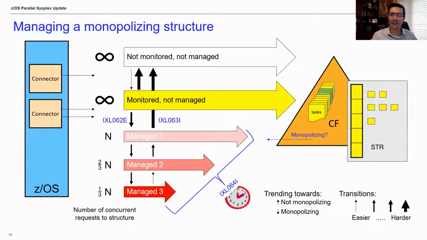Once you exceed that number of concurrent requests, the rest will be queued. If the problem still persists, it can go down to 2/3 of n and even 1/3 of n until the problem is alleviated. Then gradually it can go in reverse and eventually not even be monitored and managed. So again, this is the idea of monopolization avoidance.